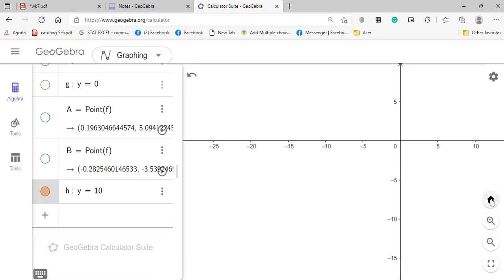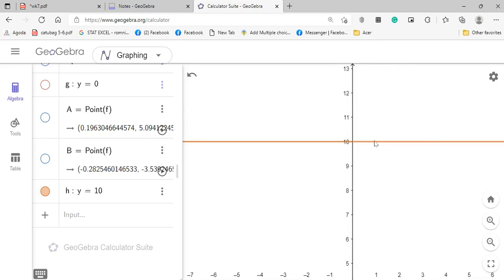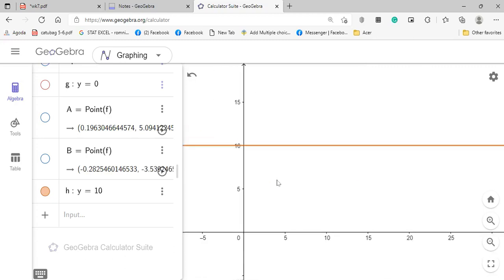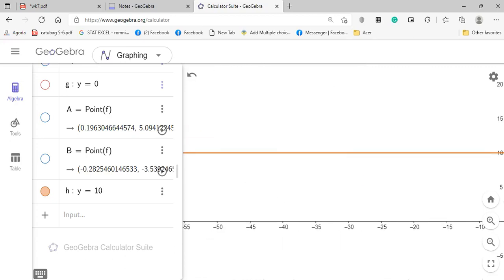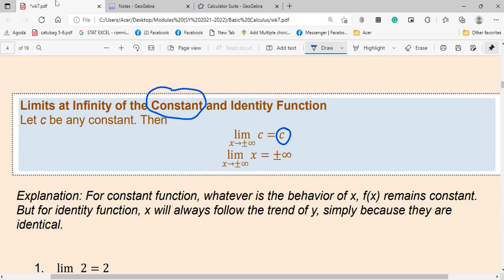Even if you increase x, do the values of y change? If you decrease x, do the values change? Nothing changes, class. It is always 10, making it true that in the rule, it will always be 10.